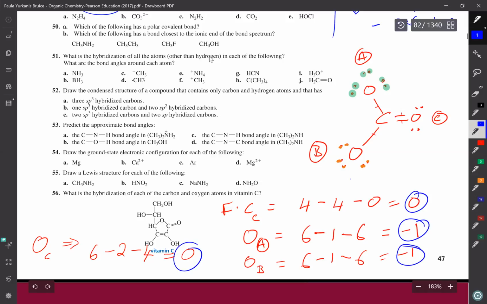If you add all of these together, you will notice that it gives you -2, which is the overall charge of the system. Does that make sense, guys? Perfect.